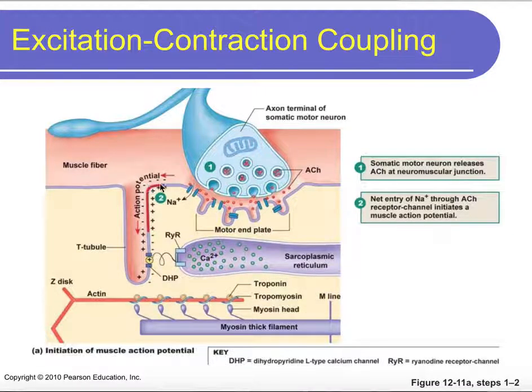So when the action potential travels down the T-tubule, it has an important receptor here called the DHP. DHP stands for dihydropyridine receptor, and it is a voltage-gated channel. So when the action potential travels right past this DHP receptor, and which we know an action potential is a huge change in voltage, this DHP receptor will change shape.